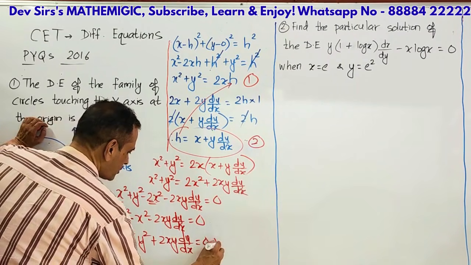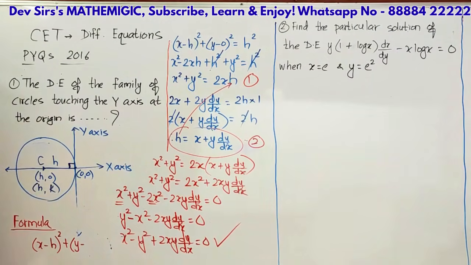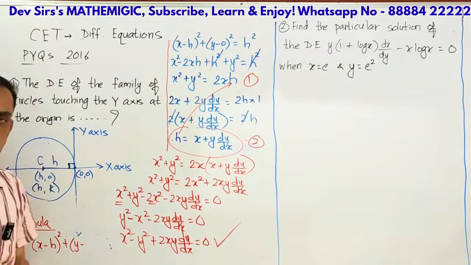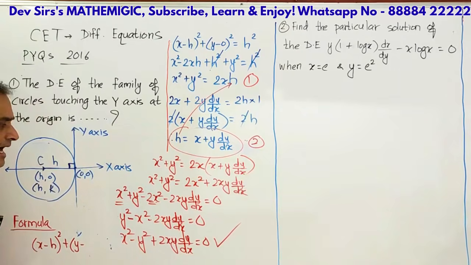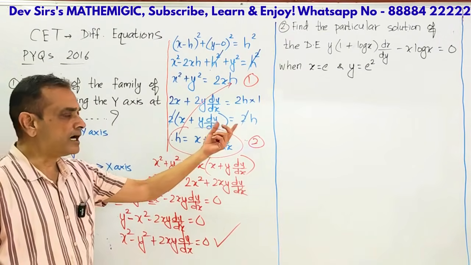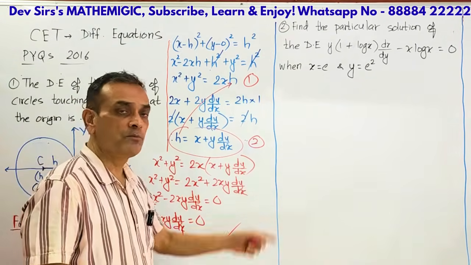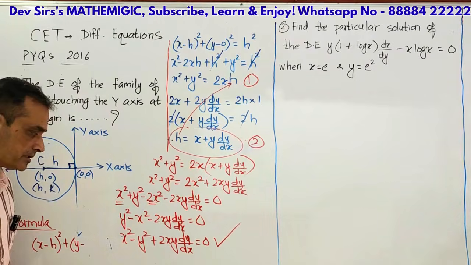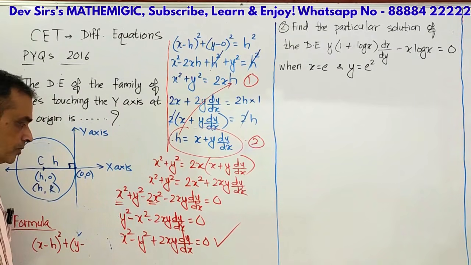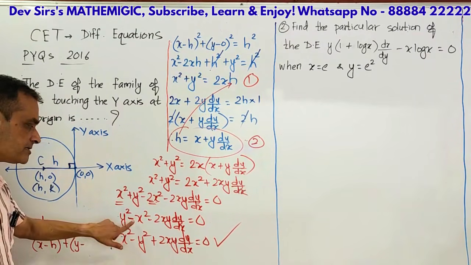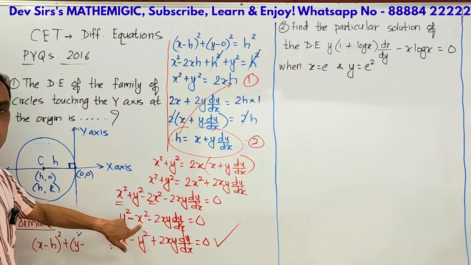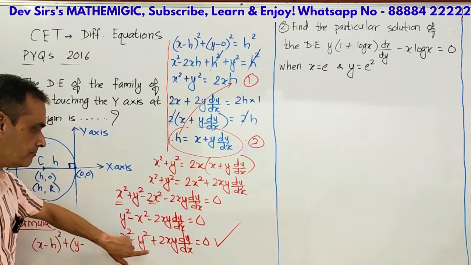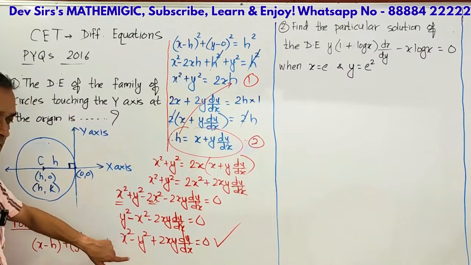This was the correct option given. This is a differential equation because it contains dy by dx and the arbitrary constant h has been removed. This is the final answer. So remember, if you have to change the sign of minus x squared, you have to change the sign of each term to get the final answer.